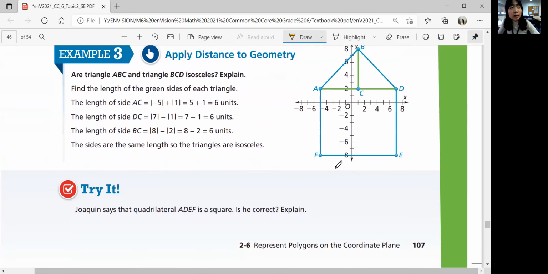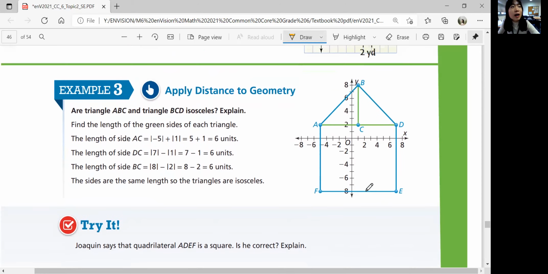Okay, example 3, apply distance to geometry. How can we apply distance to geometry? Let's look at this diagram. Triangle ABC and triangle BCD are isosceles. What does isosceles mean?